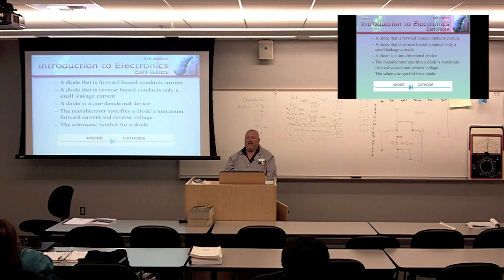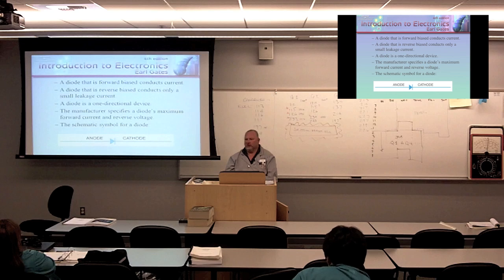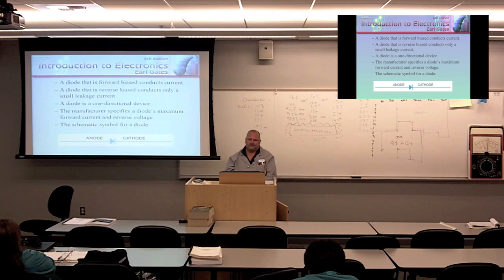A diode that's forward biased conducts current. A diode that's reverse biased conducts only a small leakage current. That's why it's called a diode. That's why it was invented, to do this. Allow current to only flow one way. That makes a diode a one-directional device.